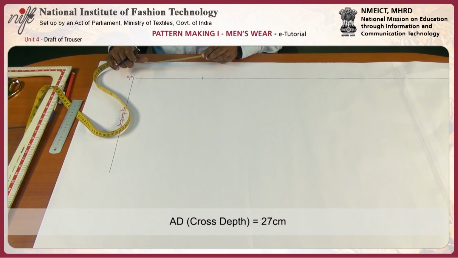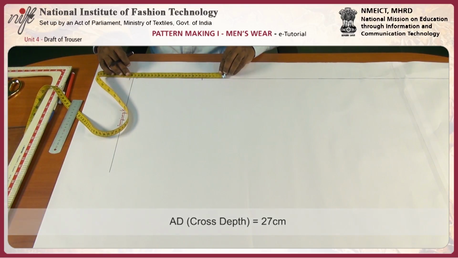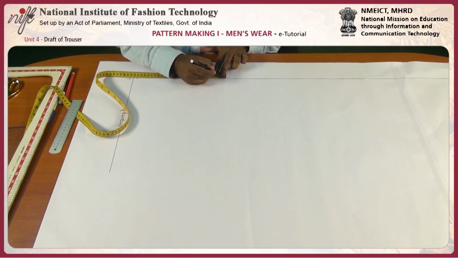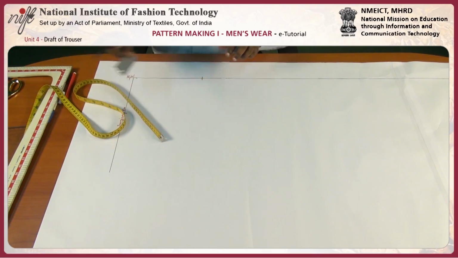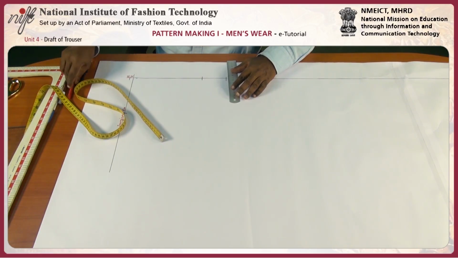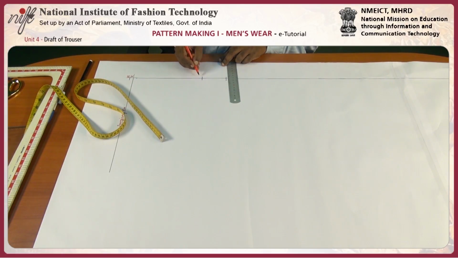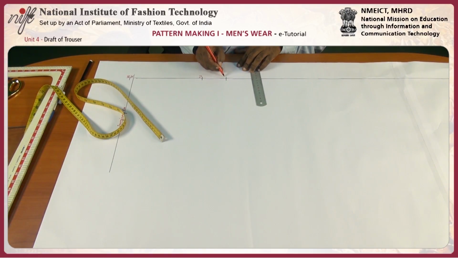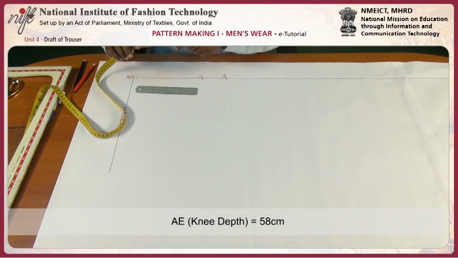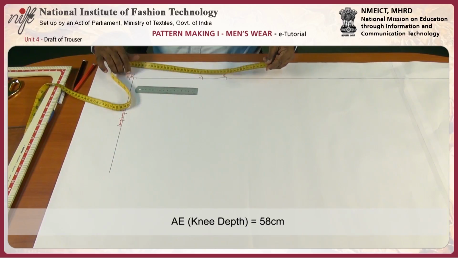A to D crotch depth, also called body rise, 27 centimeter. A to E, knee depth 58 centimeter.